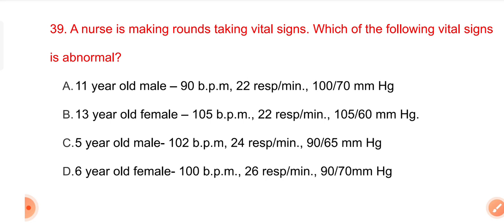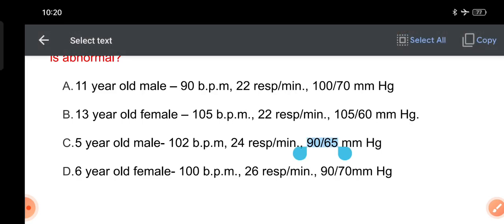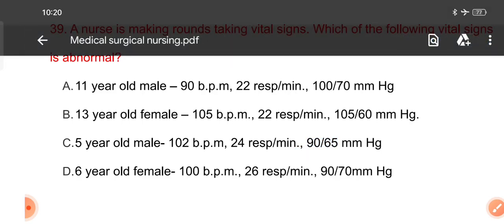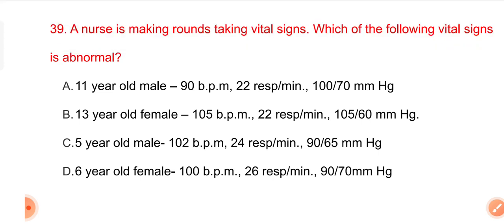Option B, 13-year-old female, 105 BPM, 22 respirations, 105 by 60 blood pressure. Option C, 5-year-old male, 102 BPM, 24 respirations, 90 by 65 mmHg blood pressure. Option D, 6-year-old female, 100 BPM, 26 respirations, 90 by 70 blood pressure.